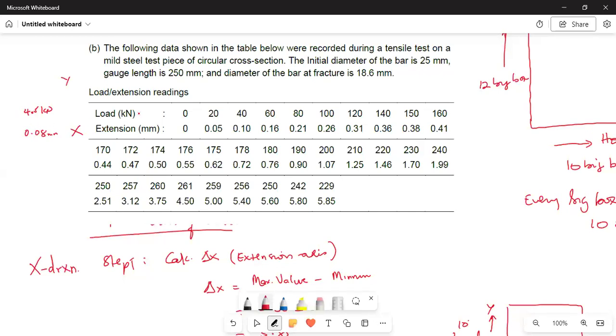So what I will admonish you is that pick each of these values and divide by 4.5 and write the answers. 20 divided by 4.5, 4.4. Okay, all these answers are in boxes.